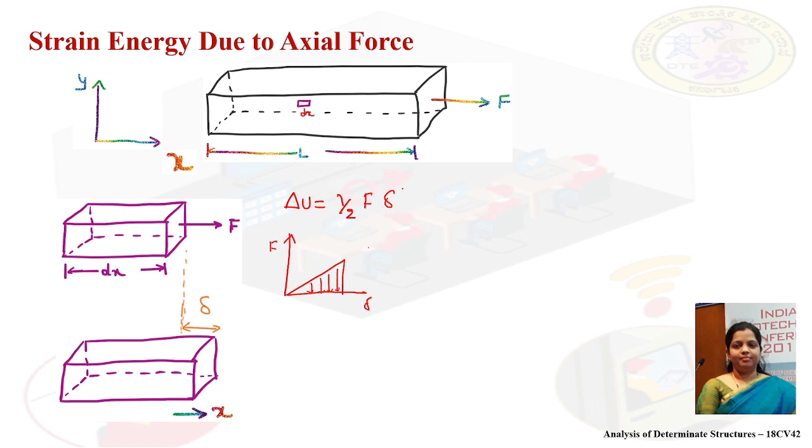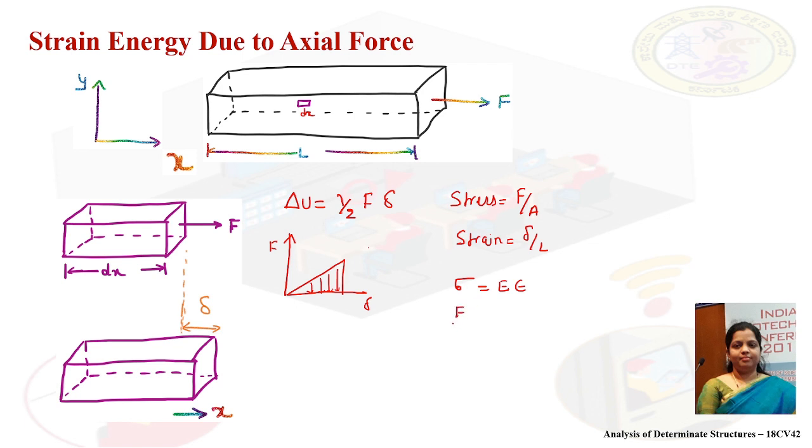Now we know that stress is equal to F by A, strain is equal to delta by L. Now consider the stress and strain relation: stress is equal to E into strain.